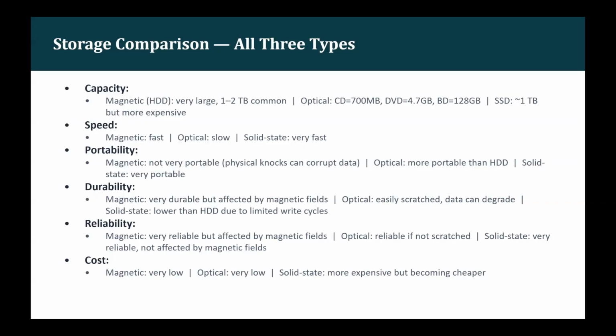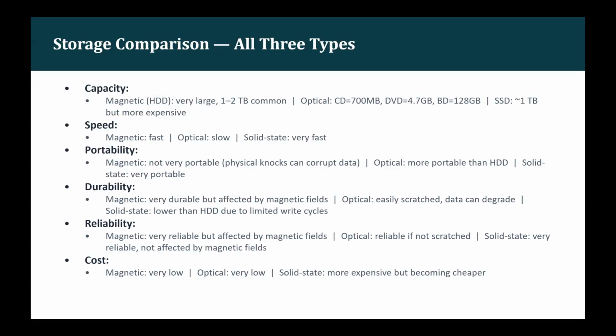Storage comparison. I will compare all three types because in the exam you will most of the time get a question to compare among them. Capacity wise, magnetic has a very large amount of capacity. Then optical has this much.